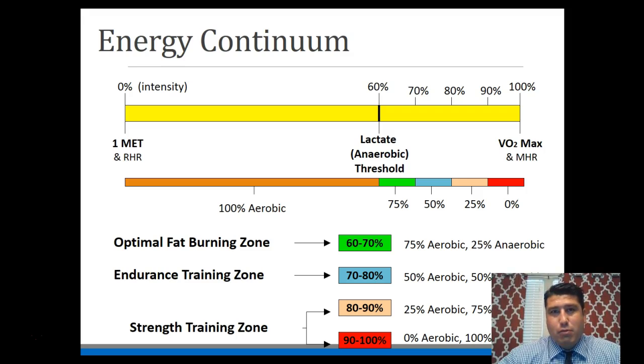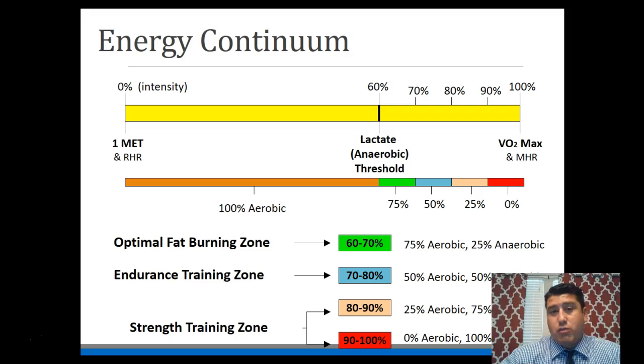People who live a sedentary lifestyle would be lucky to achieve a VO2 max of 10 to 20. So depending on how fit you are will determine how high your VO2 max is. VO2 max is a measure of fitness. The other measure of fitness that I will talk more about as we continue this discussion is resting heart rate. That's also a measure of fitness.